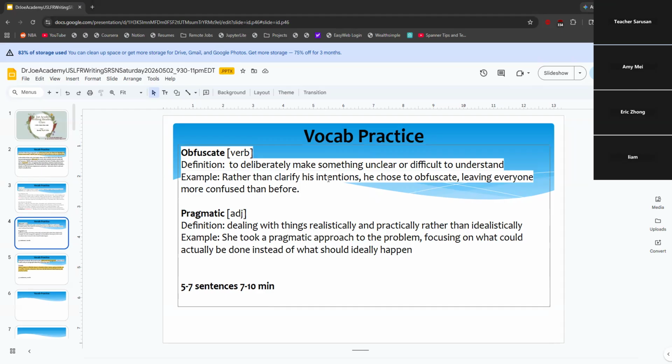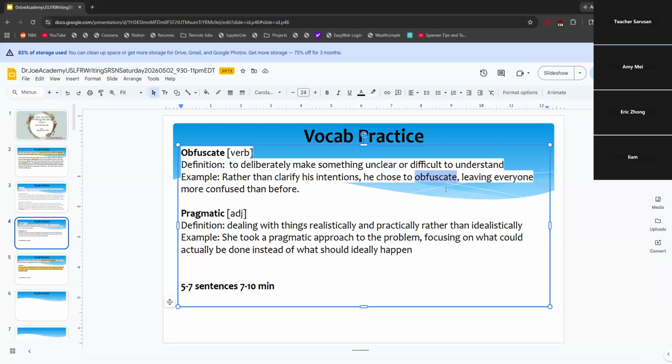So rather than clarify his intentions, he chose to obfuscate, meaning to make something hard to understand, and everyone was confused. Pragmatic, adjective, you guys got it spot on. So when you deal with things in a more practical, realistic, logical way. She took a pragmatic approach to the problem, focusing on what would actually be done instead of what should ideally happen.